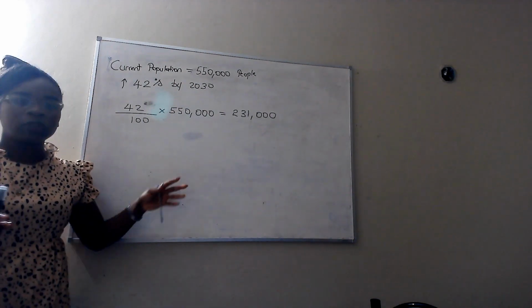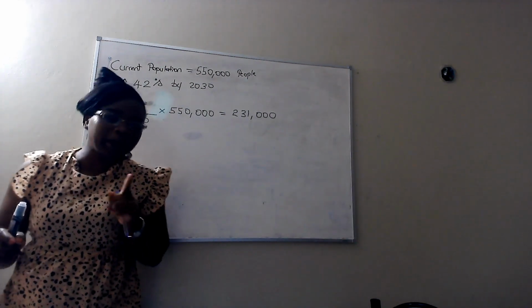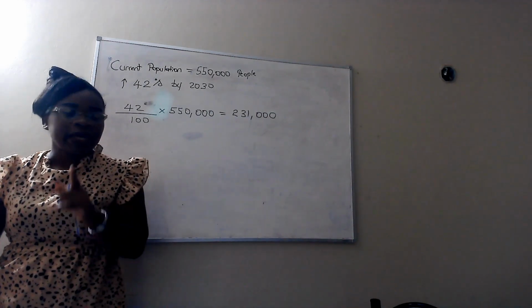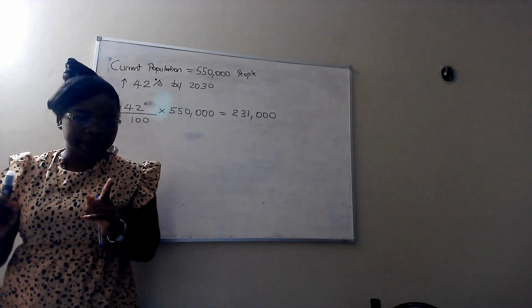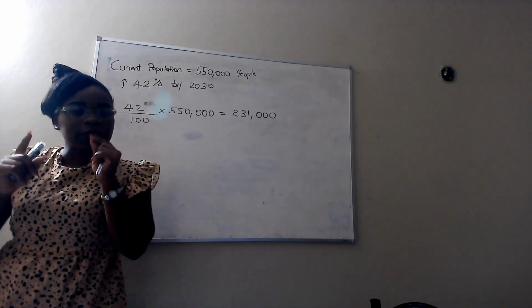This means that 231,000 more people will be living in Portsmouth by 2030.